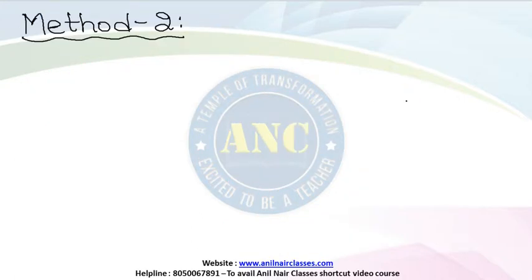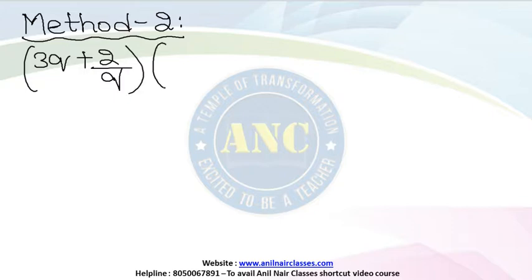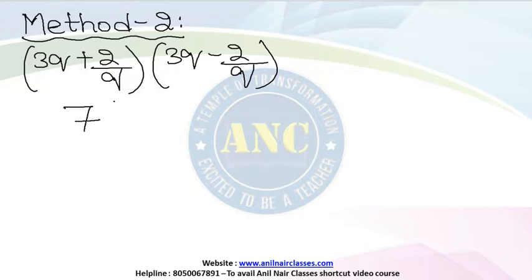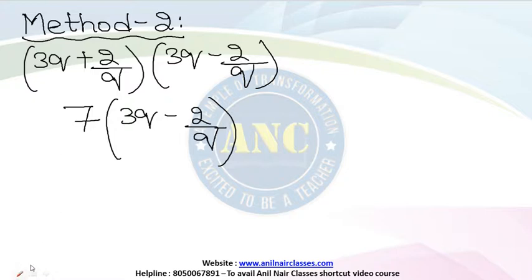That means we need to find 3q plus 2 by q into 3q minus 2 by q value. But 3q plus 2 by q value is given in the question as 7, and for 3q minus 2 by q, in our method 1 we applied k square minus 4ab under the square root, and we got the answer finally. Happy. But think logically, sir.